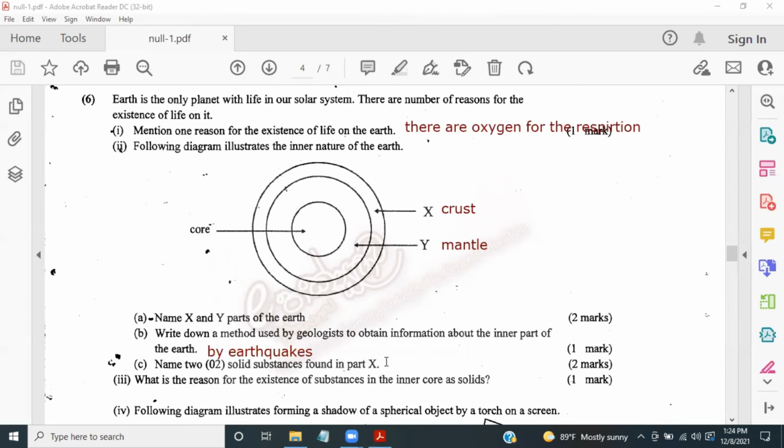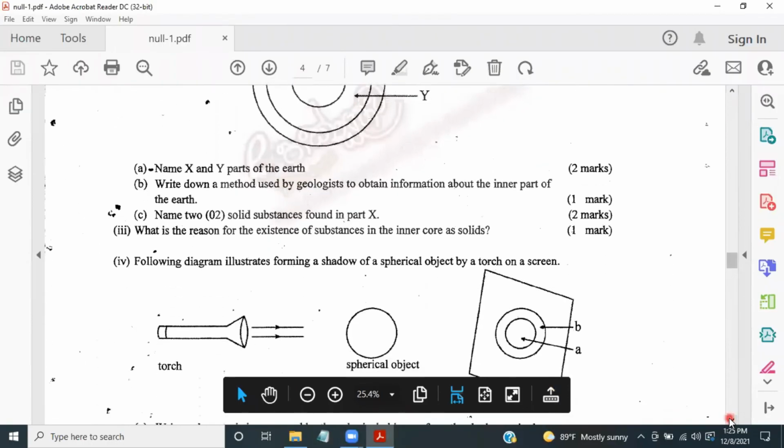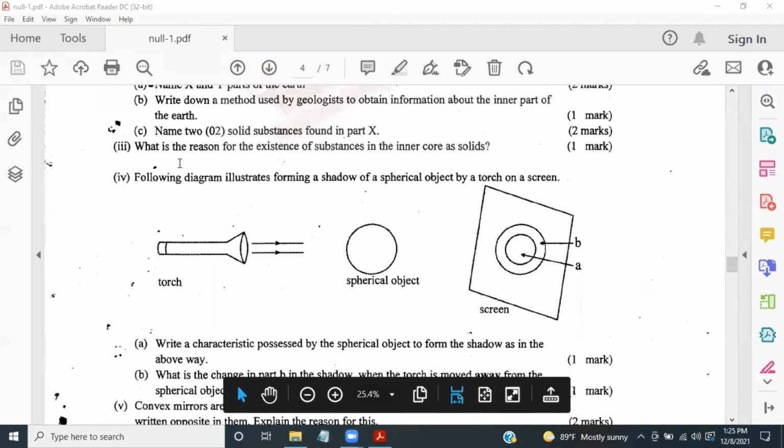Name two solid substances found in part X. Solid substances in the crust: rocks and soil. These are the solid substances. Third one, what is the reason for the existence of substances in the inner core as solids?